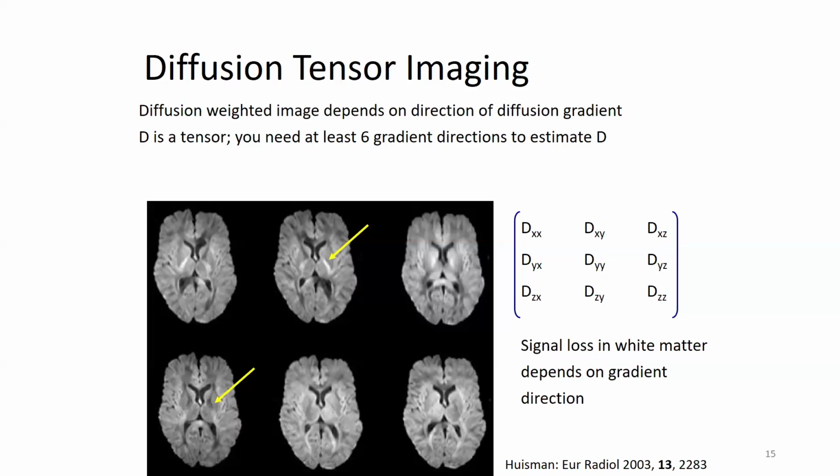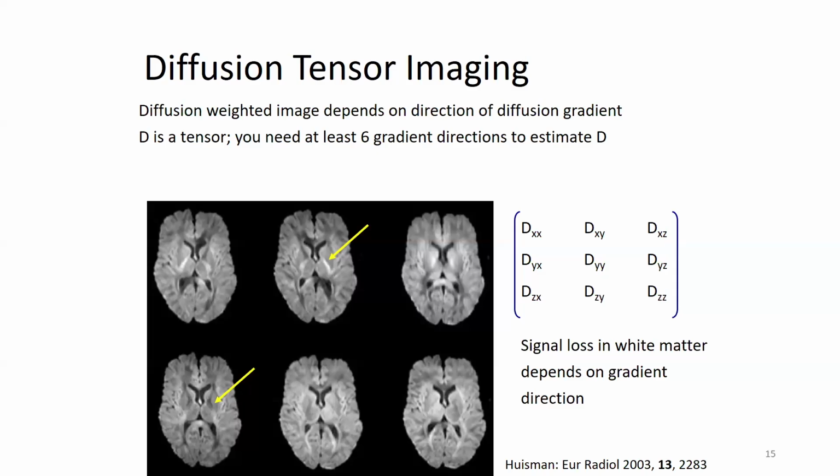Well, for diffusion, the tensor is a matrix with 9 parameters. And to calculate this tensor, I need at least 6 gradient directions. So not just x, y, and z, but also 3 orthogonal and preferably even more. But I don't need to calculate that myself. That's done by the computer.